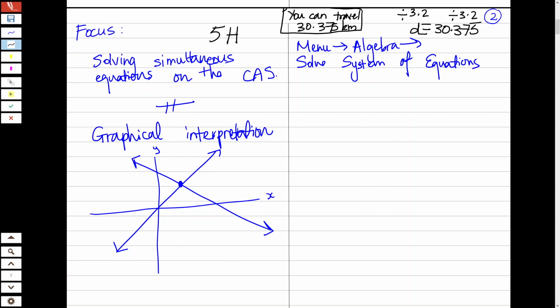Do you remember what this is? My understanding is that this was one of the last things you did last year in year 10 maths.